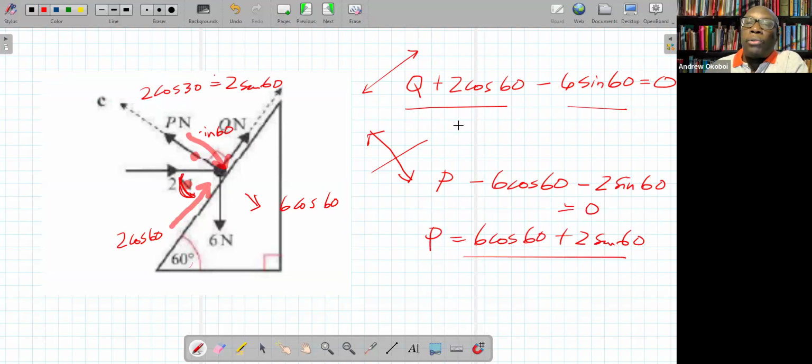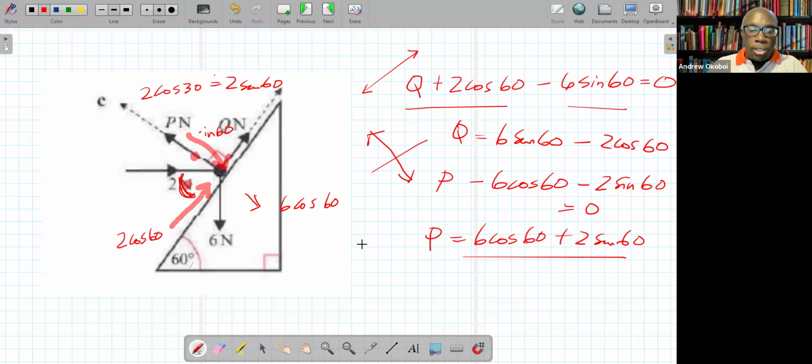And let's also get one for Q here. Q is going to equal 6 sine 60 minus 2 cos 60, because all we're doing is taking everything to the right side. So let's find P and let's find Q on the calculator. I'll do them on the calculator off here because I'm sure you all know how to do that.